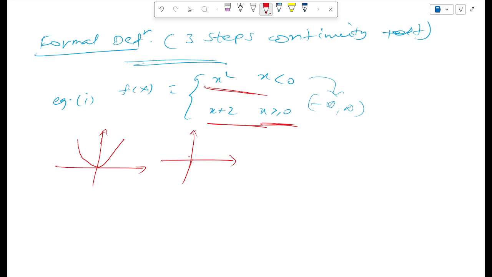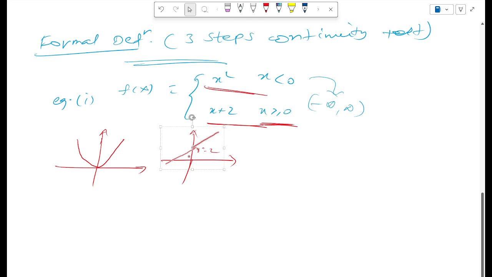For x plus 2, it starts from here, f(x) equal to 2, and from here it's a 45-degree angle line. So this graph is like this.